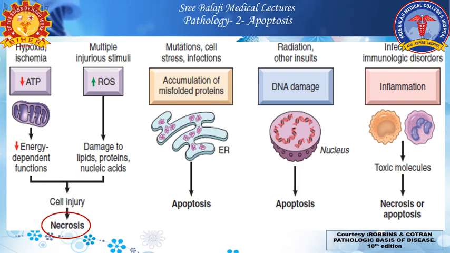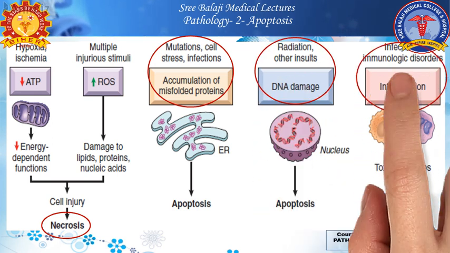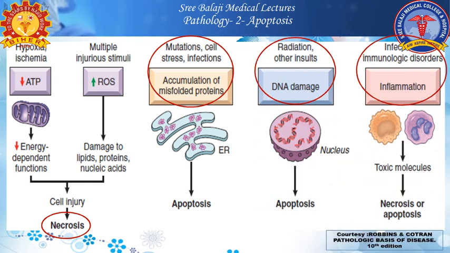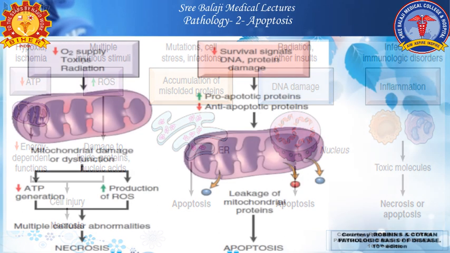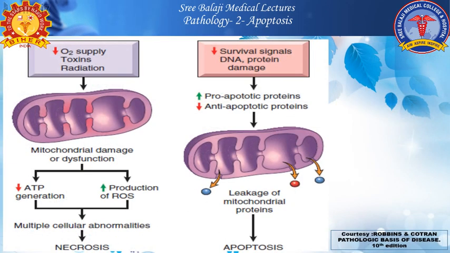Apoptosis, okay, causes include misfolded proteins, radiation, certain infections. All these things we saw in the previous slides. You can go through it, the same thing in another form of diagram. Then, this is again the difference. What is causing necrosis?